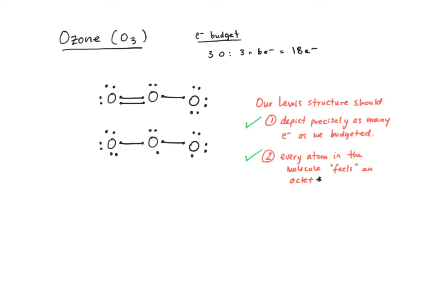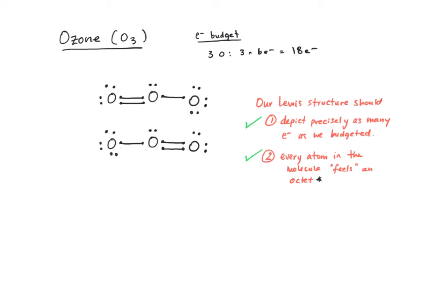We might imagine performing a similar action, this time with the oxygen in the center and the one on the right forming a double bond. That looks like this. Sort of the mirror image of the structure we drew up above. In this image down below, we still have 3 oxygens, each with an octet, and a total of 18 electrons depicted. Except in this one, the double bond between oxygen atoms is on the right.